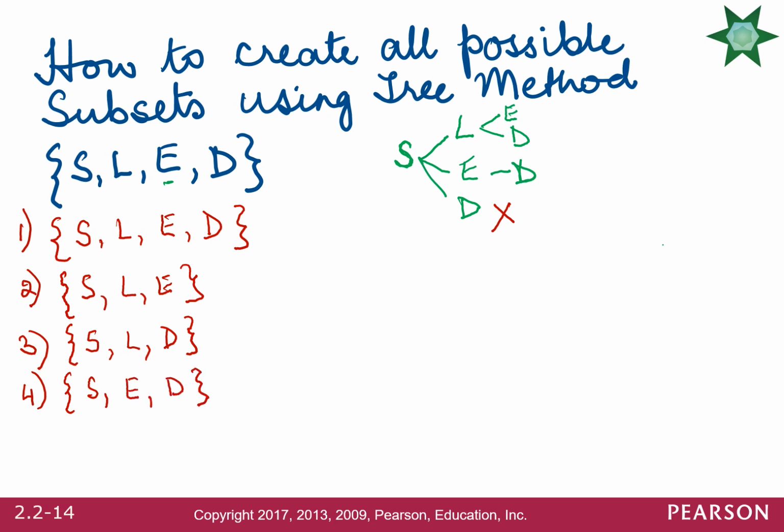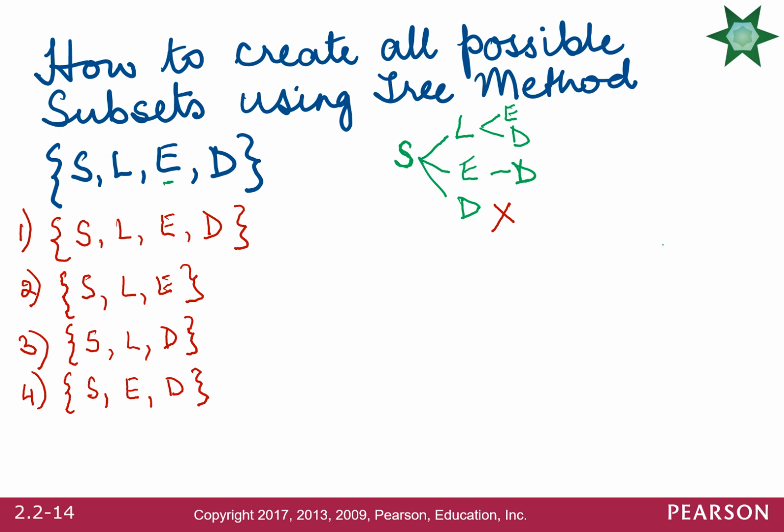But we are not done with combinations of 3 yet. We have to do another tree starting with L. We've captured all the combinations starting with S of 3 elements, but now we have to continue the process starting with L, and the letters that come after it. So I'm going to start that tree here.